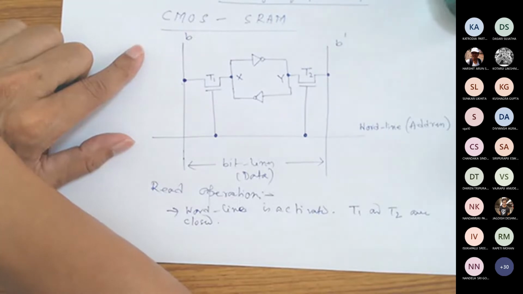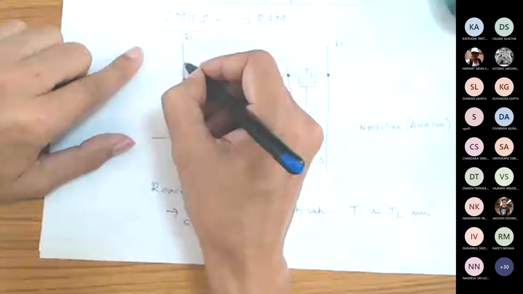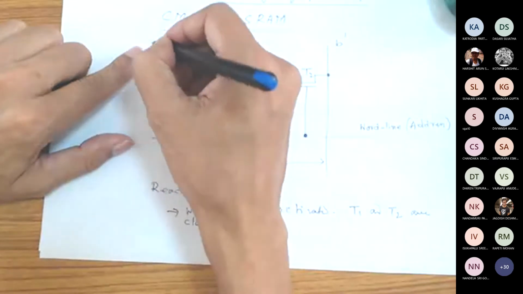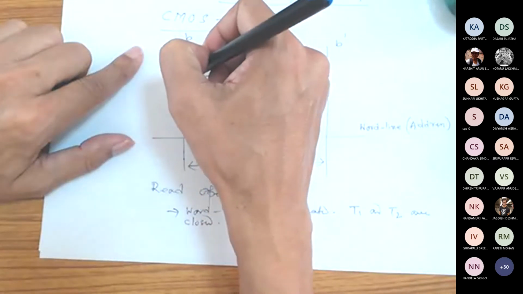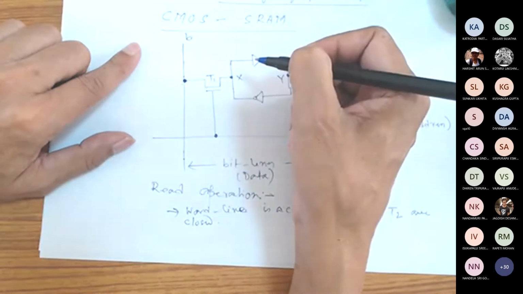So B and B bar are always complements of each other. The sense and write circuit at the end of the two bit lines maintains their states. The sense circuit will sense the voltage, and the write circuit will apply the desired voltage here, so that the next value is stored.